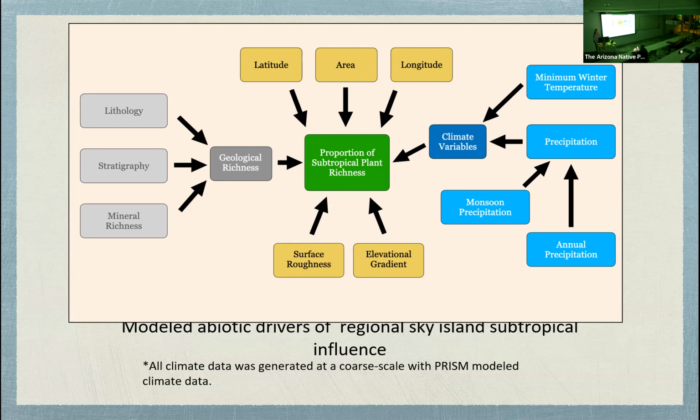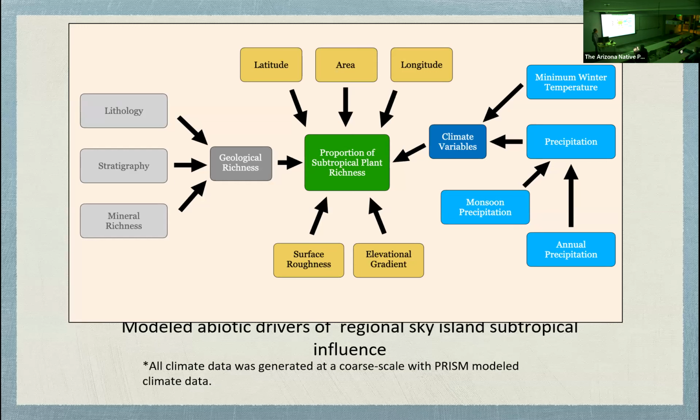Trying to narrow it down to one temperature, the most significant, minimum winter temperatures. How cold does it get in the winter, which is well known to be a limiting factor with subtropical plants. I should say that all the climate data was generated at a very coarse scale using PRISM model climate data.